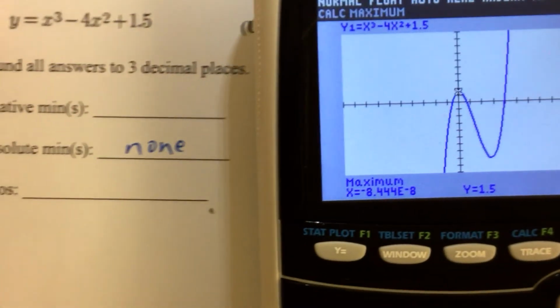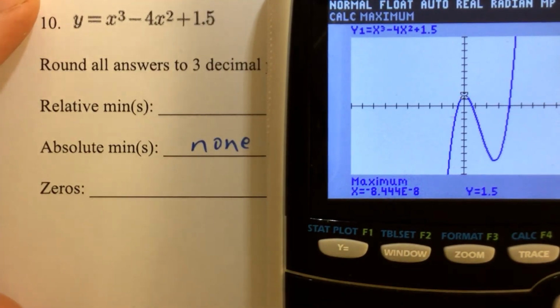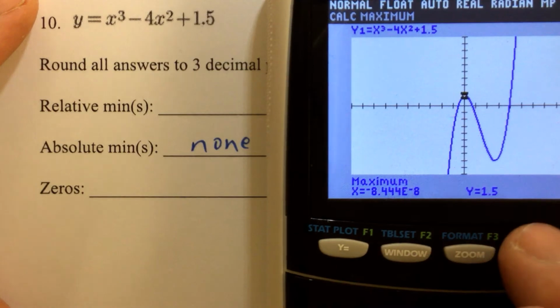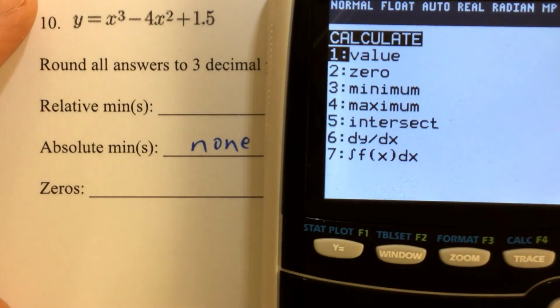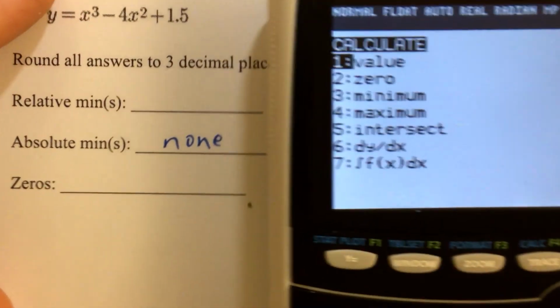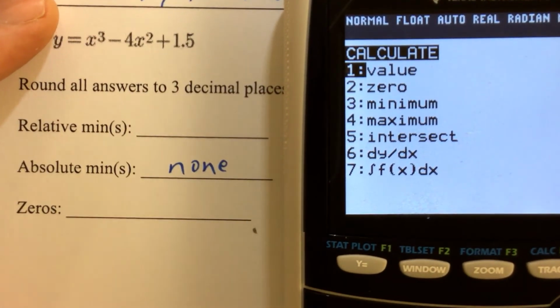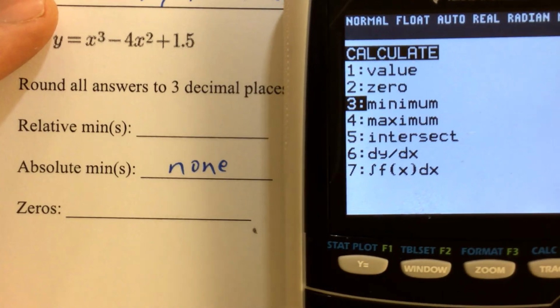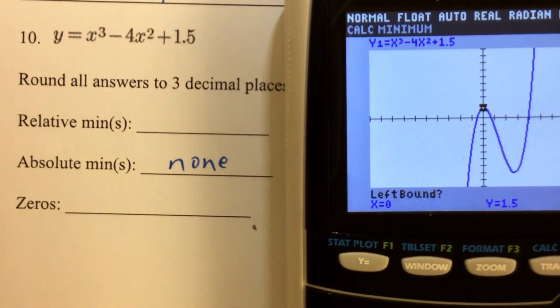So now we want to find our relative min. We repeat that process, except that after we hit second calculate, we're going to hit 3, or like I said, you can scroll down to that 3 and hit enter. We're being asked for a left bound, so we want to surround that low point.